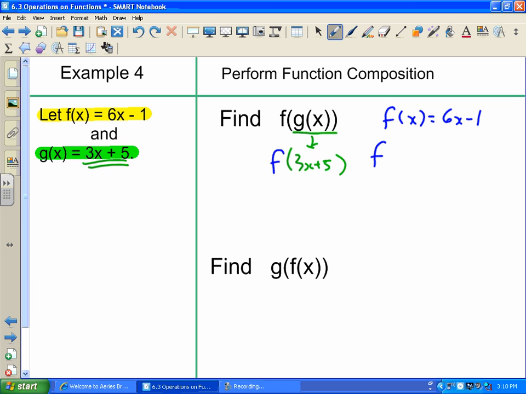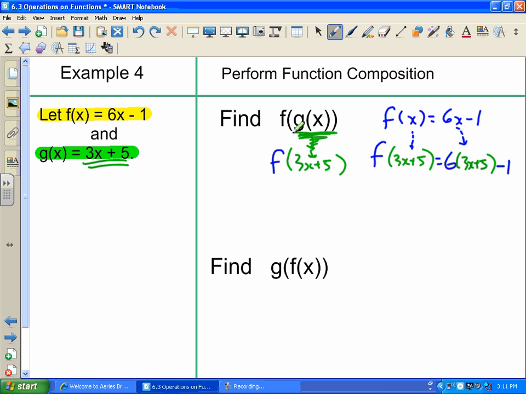That equals 6 times, anytime that I had an x before, I will be putting in what my substitution is, 3x plus 5, minus 1. That is now f of g of x. I put in g of x everywhere there was an x in my f function.